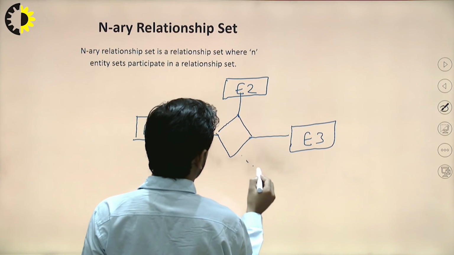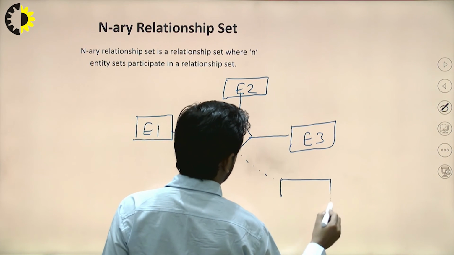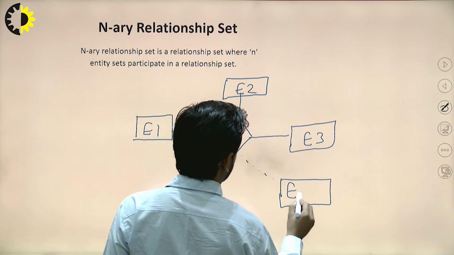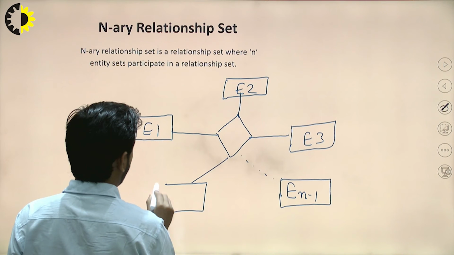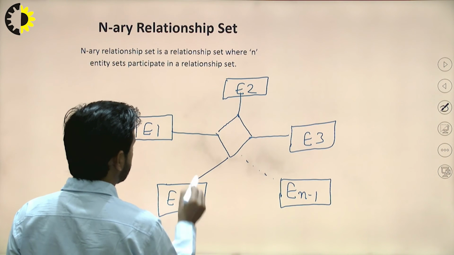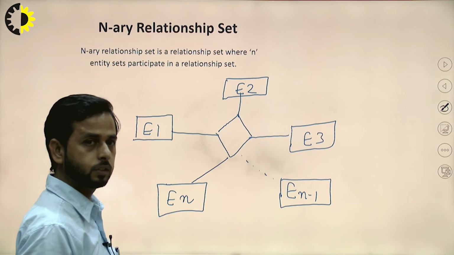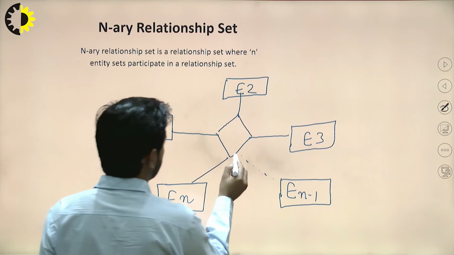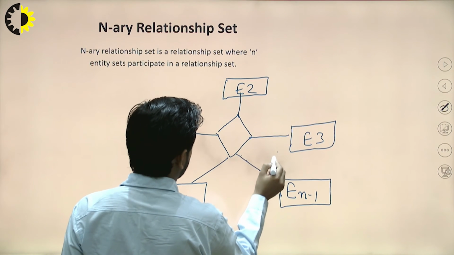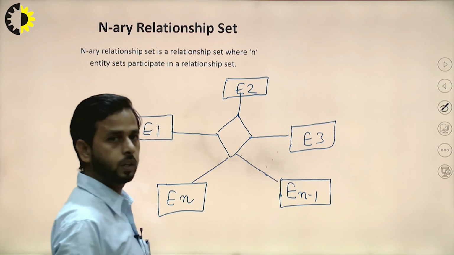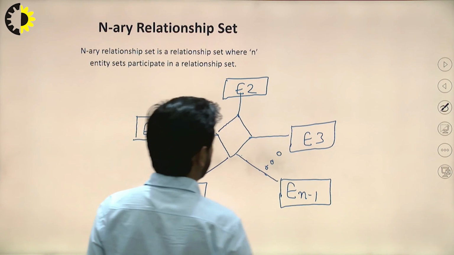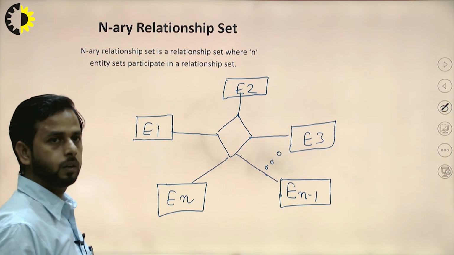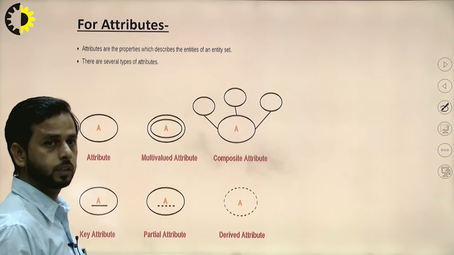There are many entities, suppose En-1, En, and the entities are related. So there are n entities. So this is an N-ary relationship set.